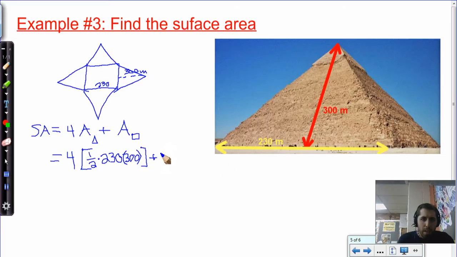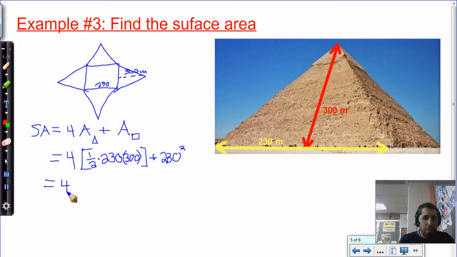So we're going to get a pretty big surface area here. 230 squared. Okay. If we're going to do the triangles first, we might do the 1/2.